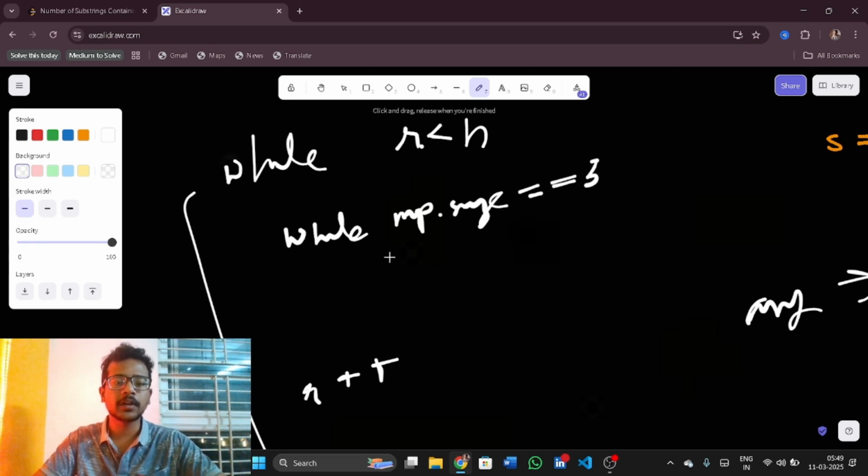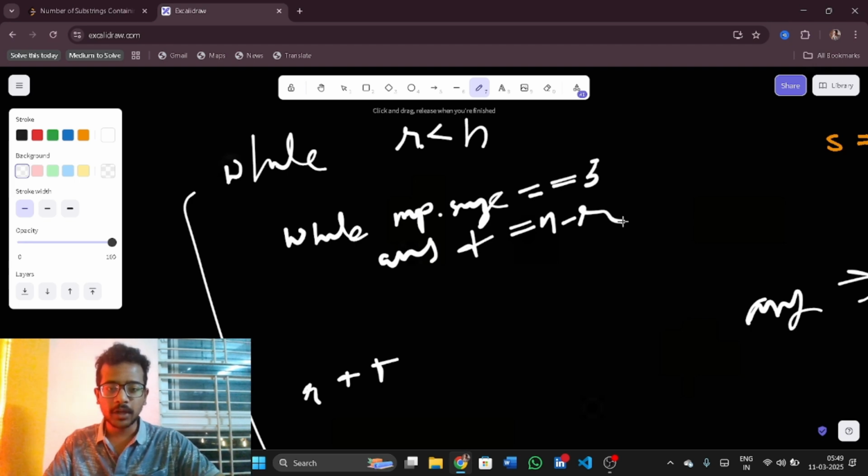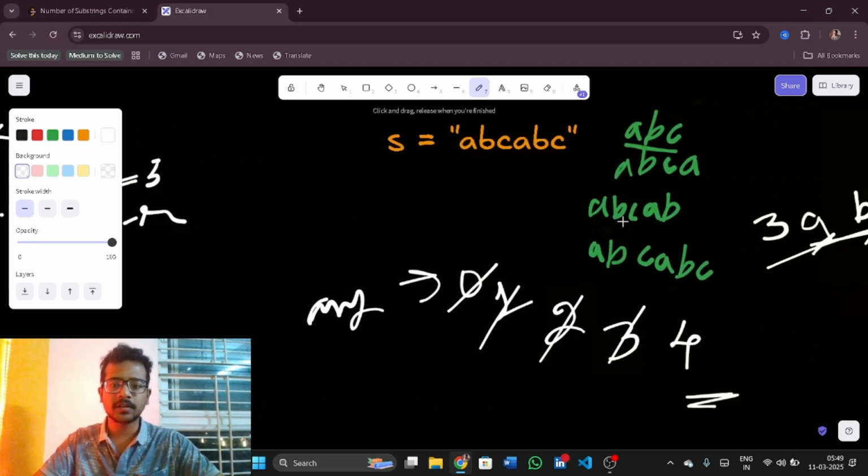But before that I need to add n minus r to my answer. So let me do that. n minus r. And before incrementing my left pointer, imagine I am having something like this one. Before incrementing my left pointer, this frequency should be decremented.